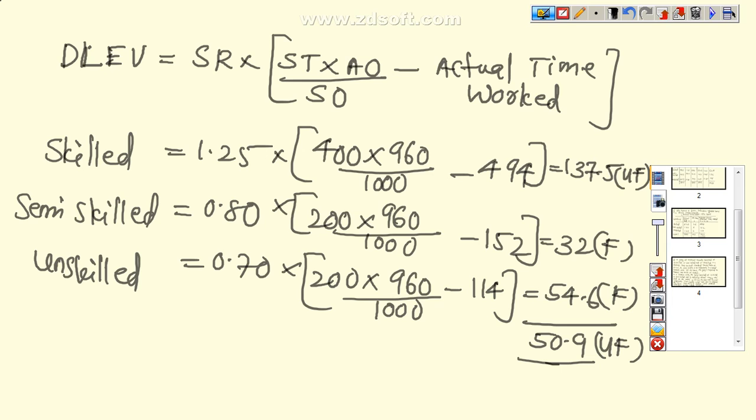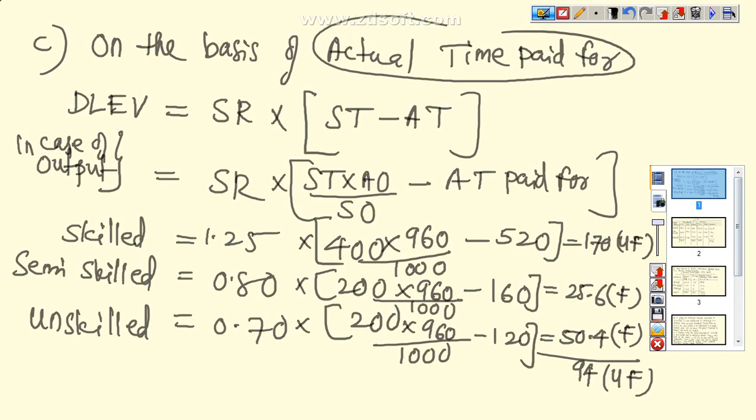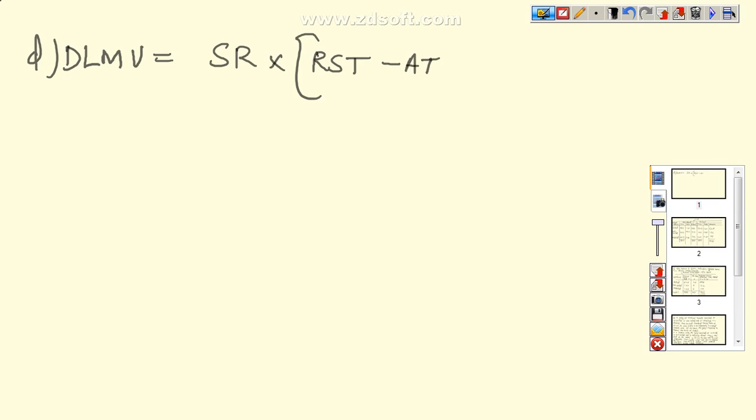Next we calculate direct labor mix variance, which is equal to standard rate multiplied by RST minus AT. Here RST means revised standard time.